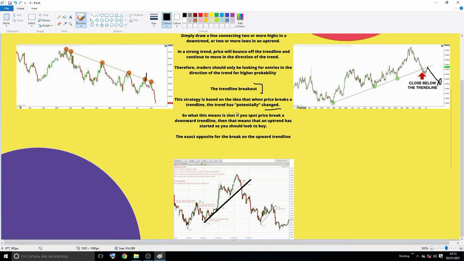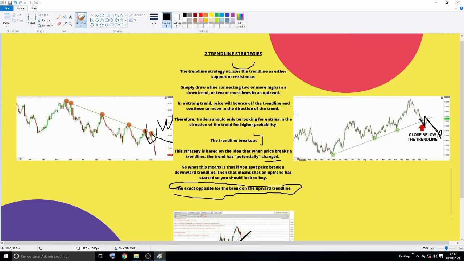So what this means is that if you spot a price break a downward trend line, then that means that an uptrend has started, so you should look to buy. If the price comes and breaks this line here, that's a good time to start looking for buys. The exact opposite happens when an upward trend line is broken. When it breaks like this, you start looking for sells.